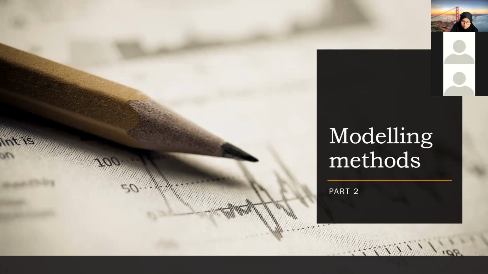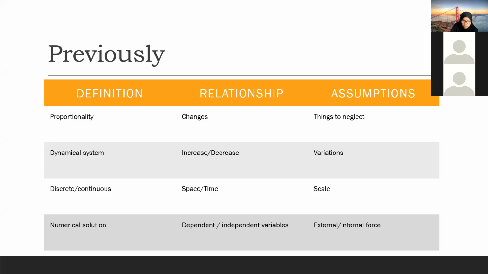Dia betul-betul mewakili kita punya real world. Dia tak semestinya exact. Saya kata tadi, modeling is not exact. It's just an approximate of real world. Alright. Yang sebelum ni apa kita kata? Proportionality is the changes.